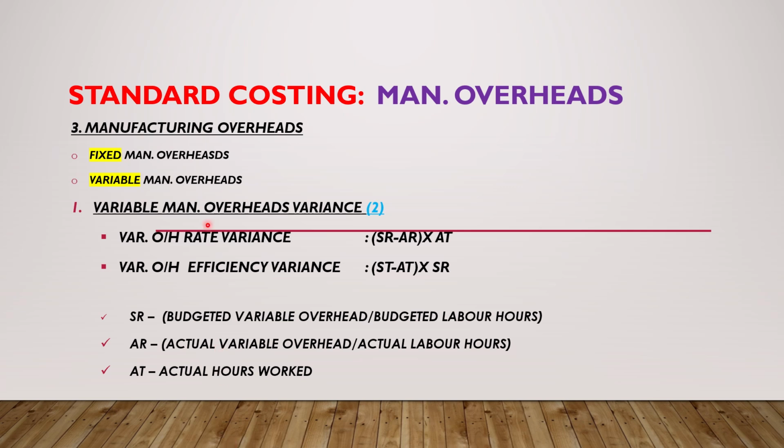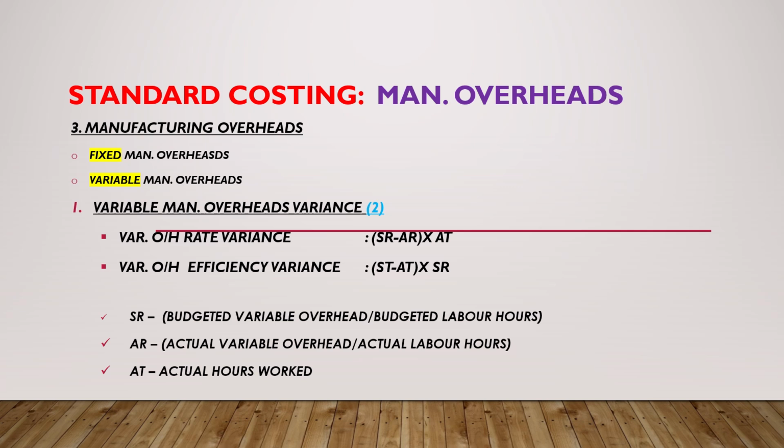Now the first thing we need to know is that manufacturing overheads are divided into two, which is fixed manufacturing overheads and variable manufacturing overheads. So we are going to do calculations on both fixed and variable, but let's start with the variable.